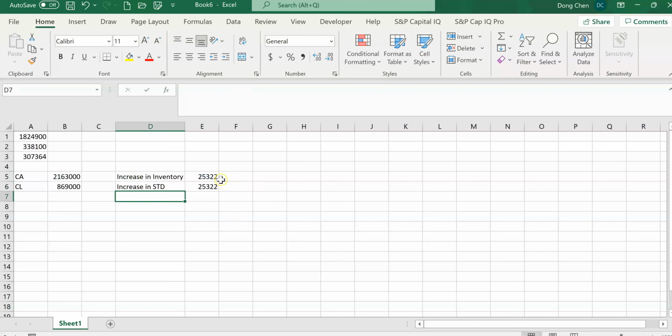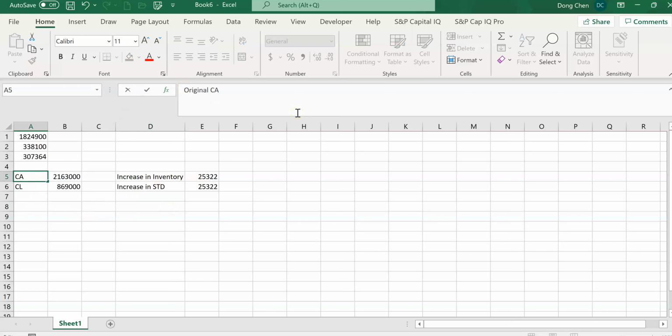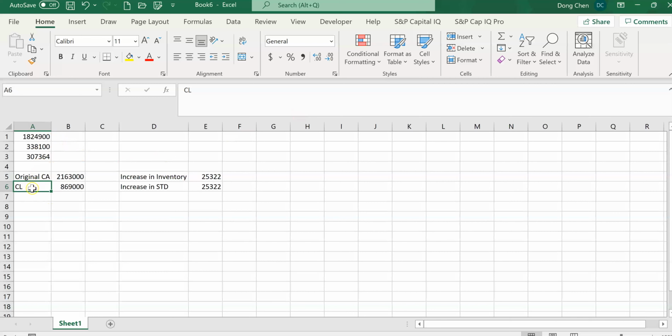Obviously, I just write down a random number here, so this may not be the correct final answer, but I will explain how we can use this information to figure it out. Let me put this as the original to differentiate it from the new, and same thing for the current liabilities.